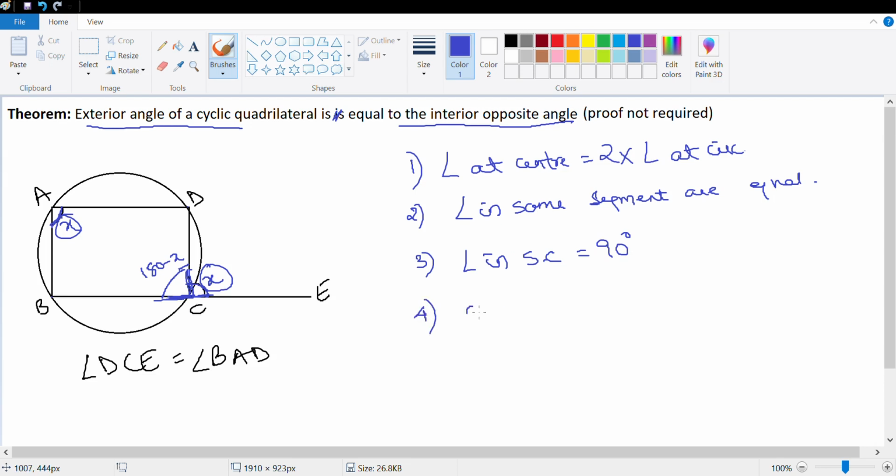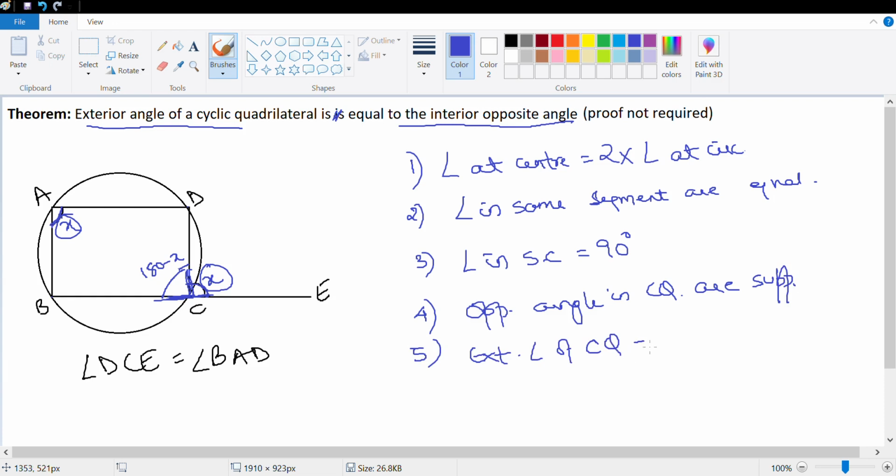Number 4, opposite angles in a cyclic quadrilateral are supplementary. And number 5, exterior angle of a cyclic quadrilateral is equal to the opposite interior angle. 5 new properties that we've done.